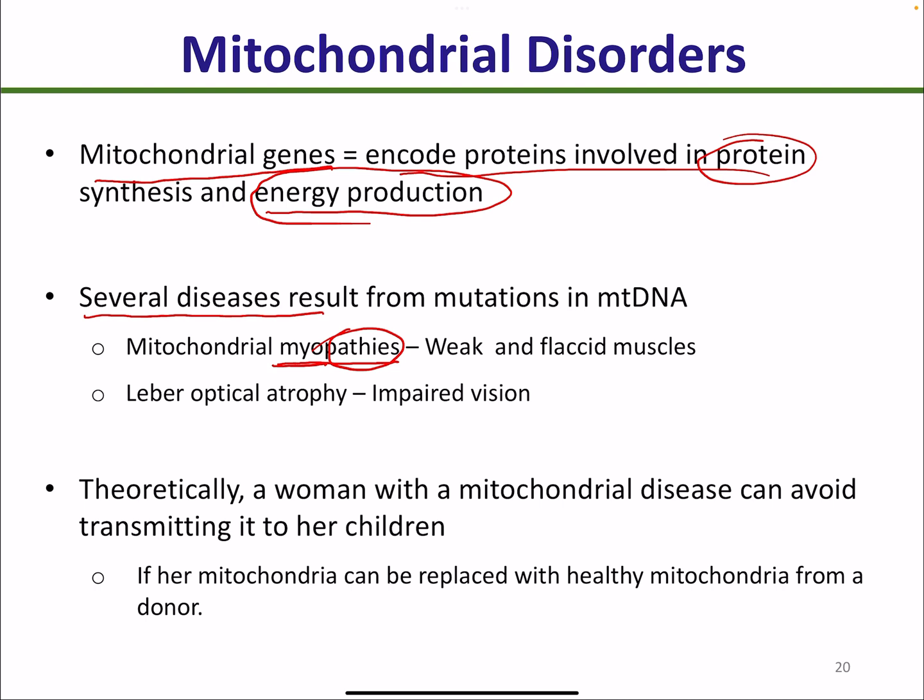Myopathy: the muscle is not properly functional, dysfunctional, if you will. So there are some cases of inherited diseases in which children are going to be born with weak muscles, right? Muscles are weak.